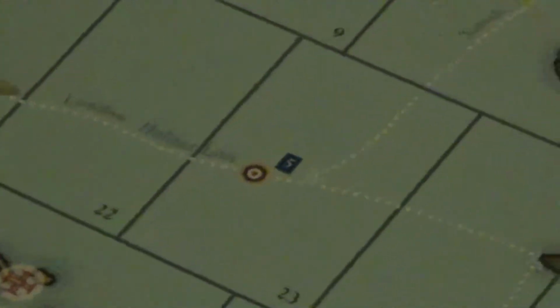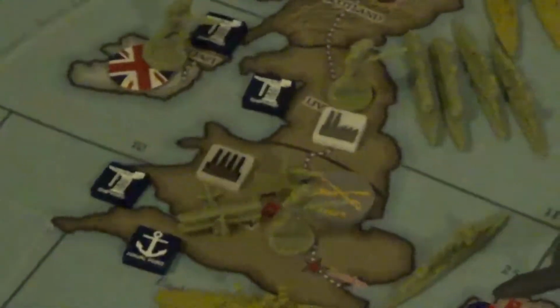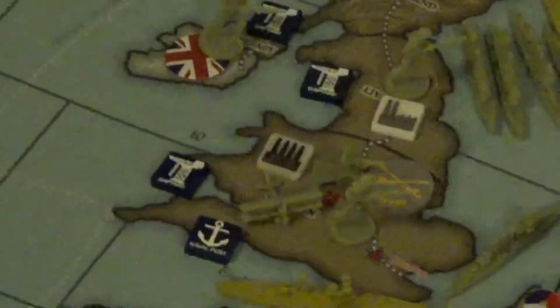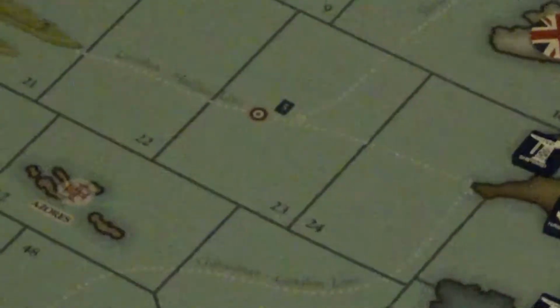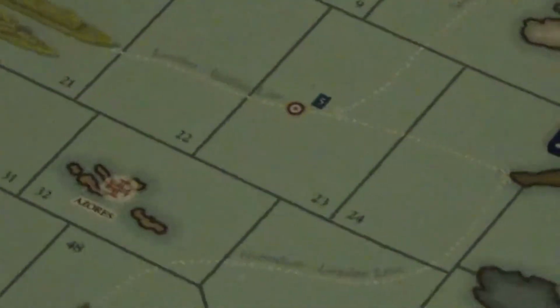So, say Germany decides to raid the London Halifax line, and they manage to sink 3 IPCs worth of production, and England has to pay 3 IPCs to the bank immediately. Well, when that happens, American production will also go up by 3 to represent the growing tension between America and Germany because of the unrestricted submarine warfare. The famous Lusitania and all that.